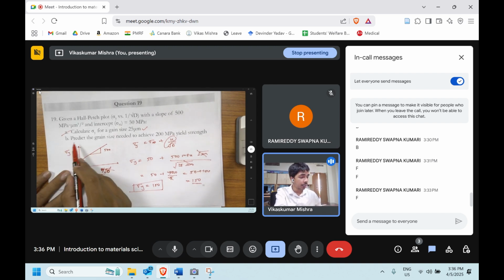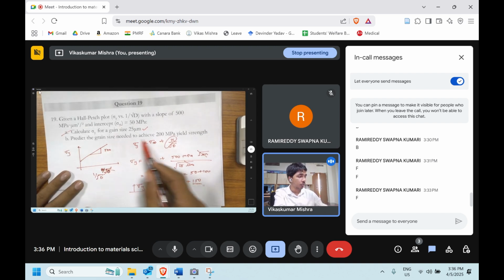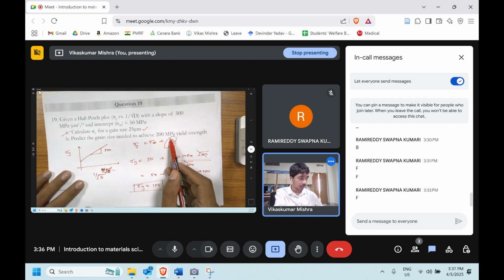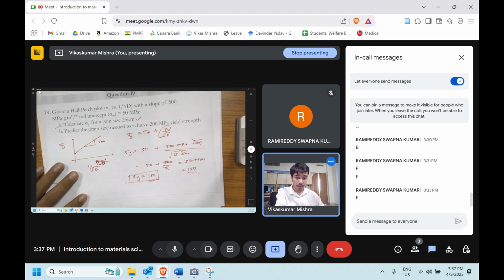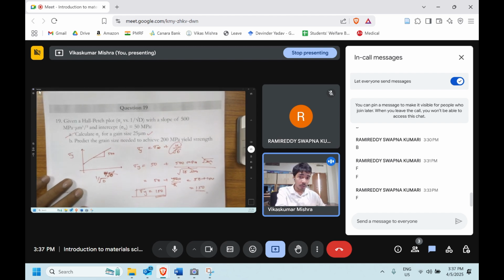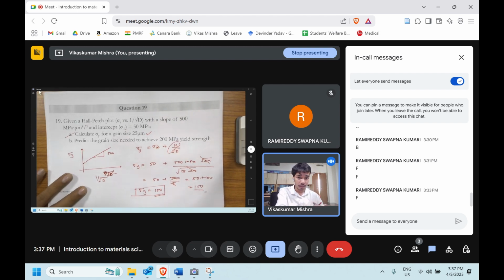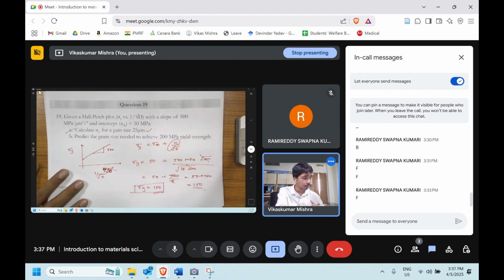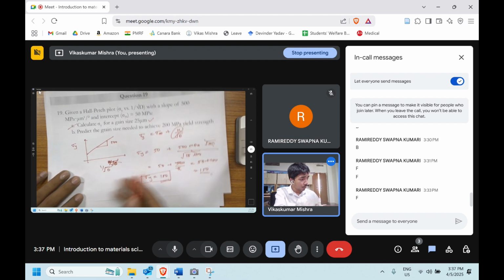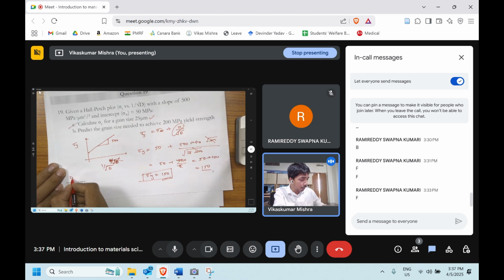The second part: they are telling us the grain size needed to achieve 200 MPa of yield stress. What we got is 150, while the manufacturer wants more than 150 yield strength. 150 is not sufficient for them. They want 200. Again, we'll substitute all the values. Sigma y we want is 200.